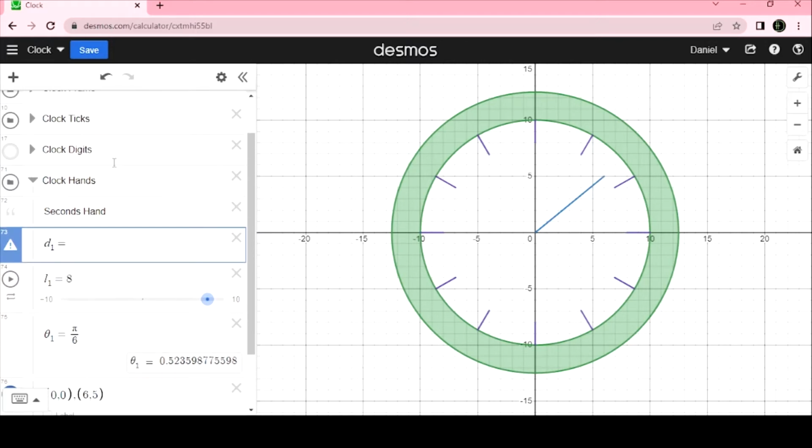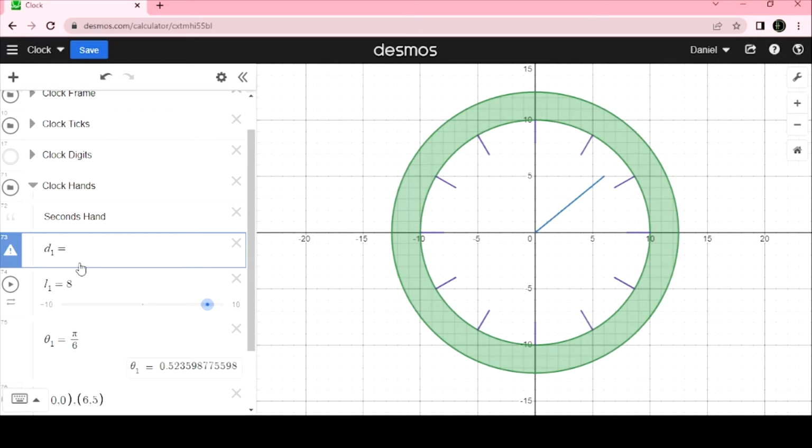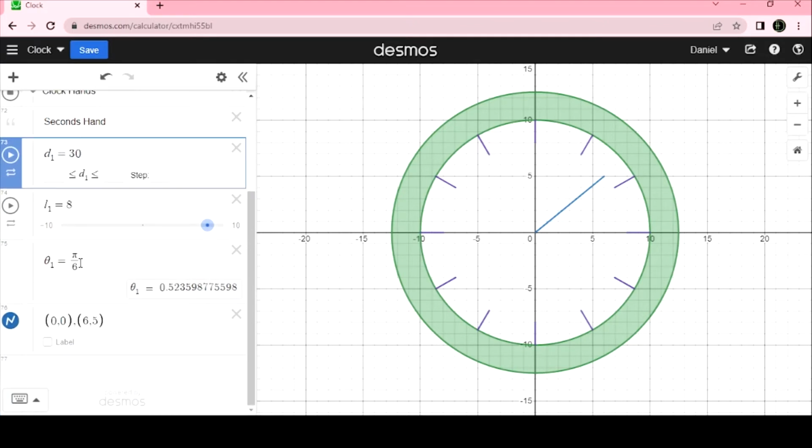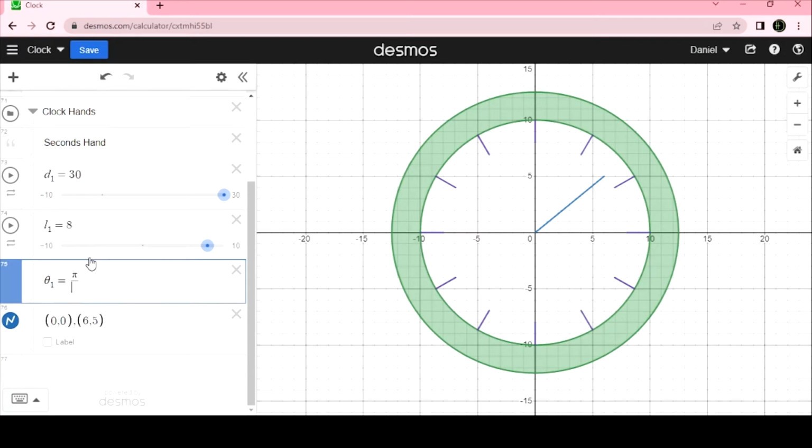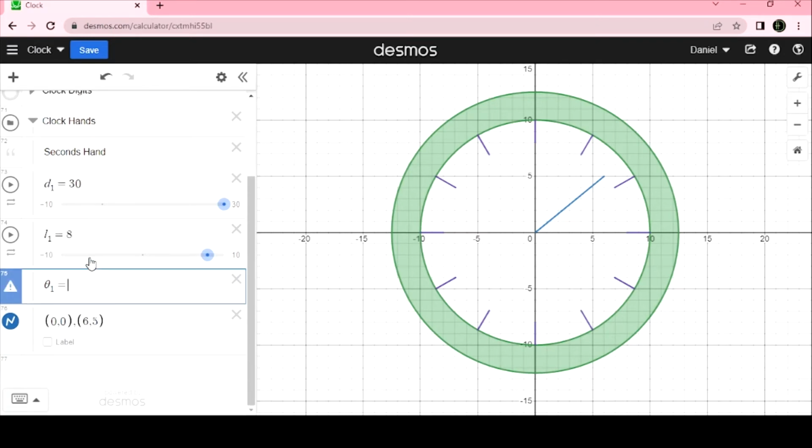So we're letting the calculator work for us. Let's call it 30 degrees, since we can see 30 degrees. What that means is that this is not going to be pi over 60 anymore. It's going to be d1 times pi over 180.